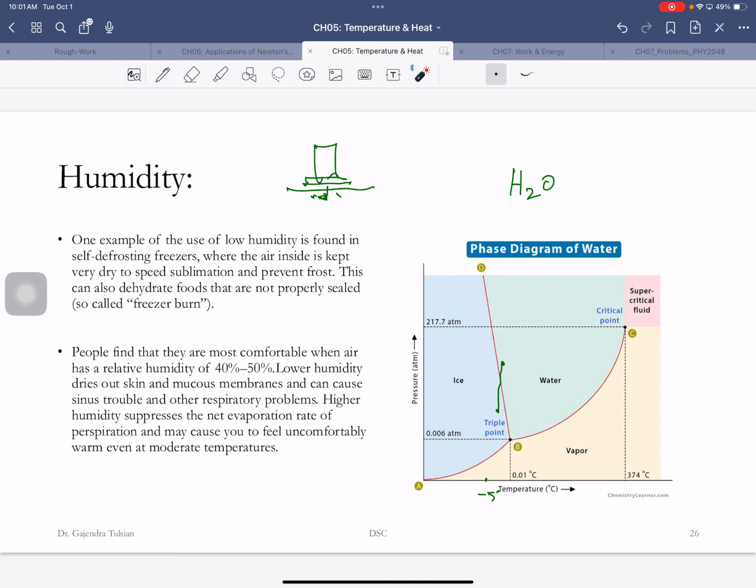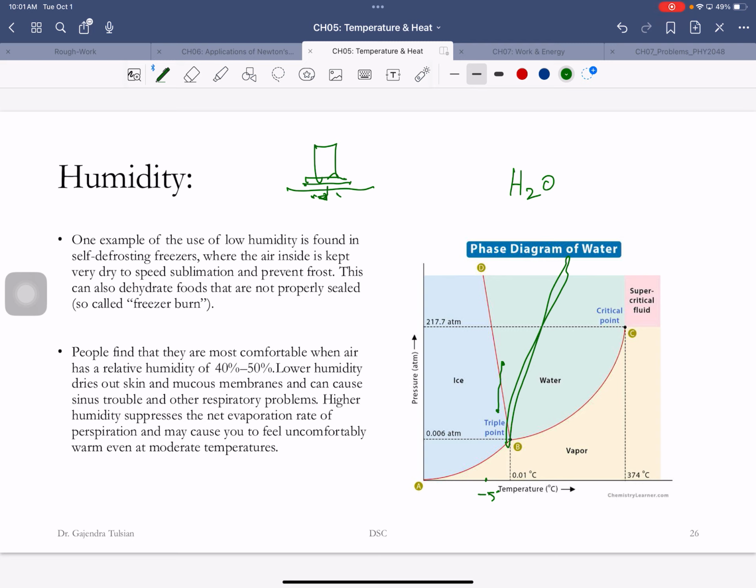And that is possible because this curve has a negative slope. Most substances have a positive slope, and you couldn't ski in those conditions. So if you had alcoholized ice, for instance, you couldn't ski on that.